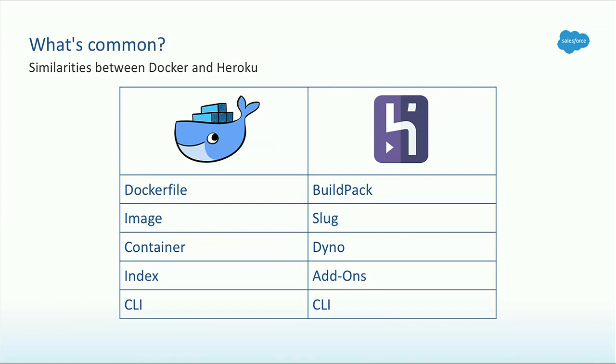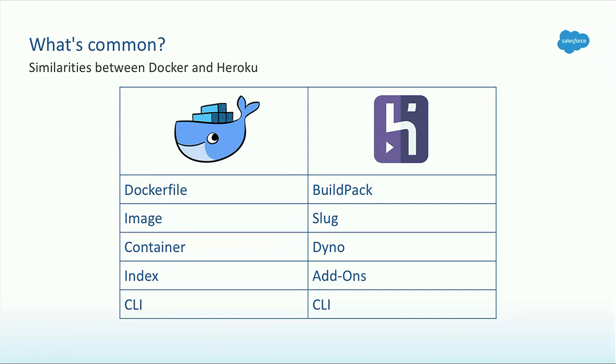Before we look at the actual demo, let's look at what the similarities are, what the analogous terminology is, and let's compare the terminology of Docker and Heroku itself. In Docker, we have a Docker file, which states all the configurations you want to go into the container, and it's similar to the build file or the buildpack we have in Heroku.